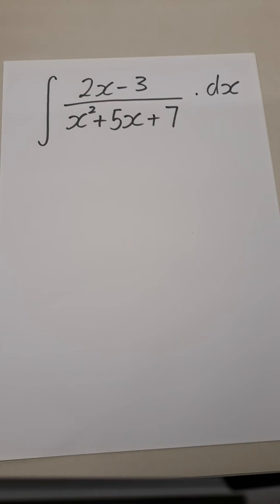This one here is looking very much like the ones that we started with. It looks very much like the numerator is the derivative of the denominator, except the denominator's derivative is 2x plus 5, and this is 2x minus 3. So for this one, this will be like my type 5.